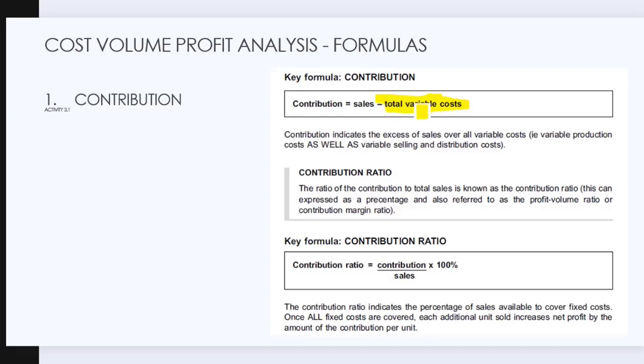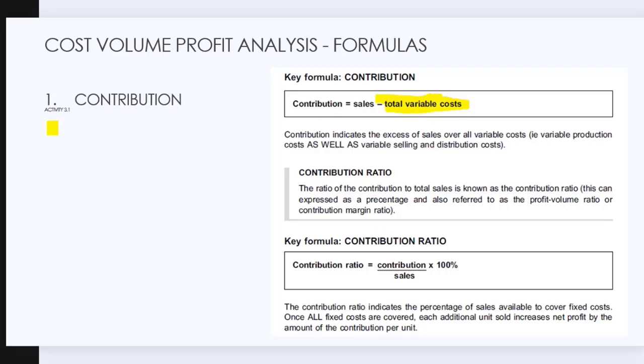Total meaning both direct, indirect, as well as your non-manufacturing costs, those selling and distribution costs that are variable in nature, that will form part of your contribution calculation. Sales minus total variable cost.